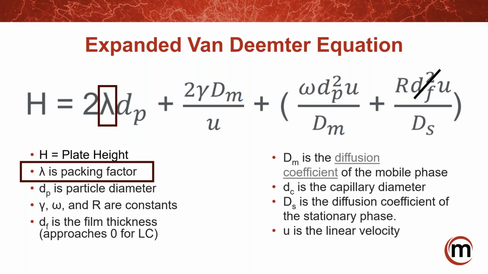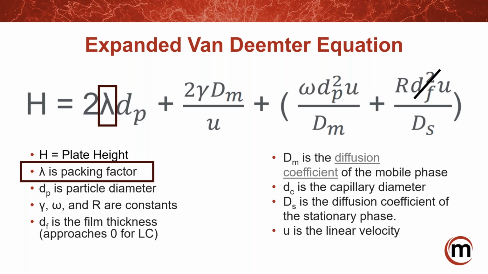The B term for liquids don't really diffuse because of hydrogen bonding or dipole-dipole or van der Waals forces, they tend to stay together. Whereas gases, they diffuse very rapidly. So the B term sort of gets minimized as far as the impact to the height equivalent to a theoretical plate.